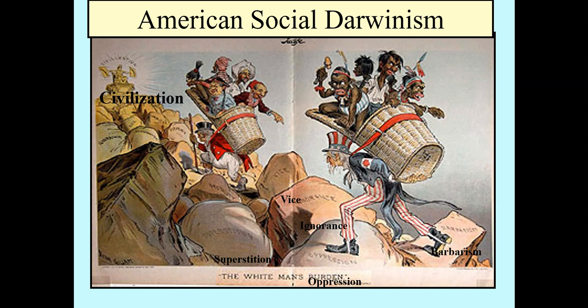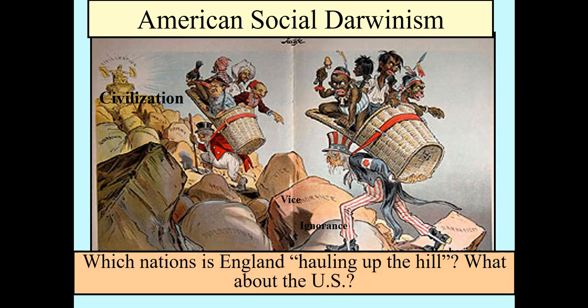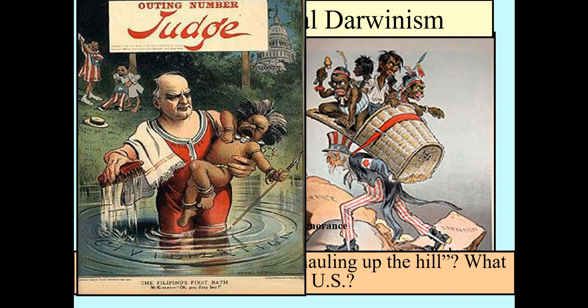And it's a good way to portray how the United States saw other nations. Now, which nation is England? Hauling up the hill. What about the U.S.? Well, you're going to see the top man right there represents England, and the man following him is the United States. Here you see the Philippines being washed and cleaned.